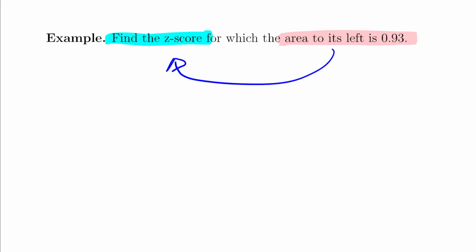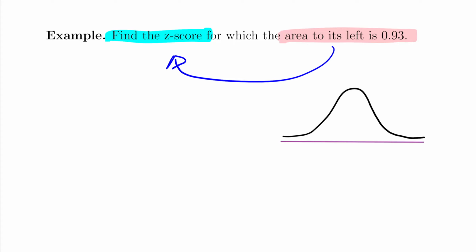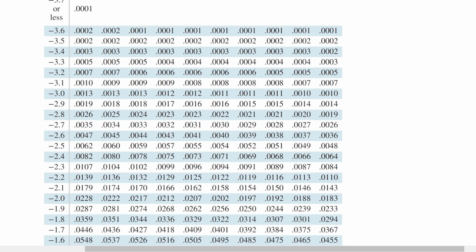Now as we work through problems, I always encourage you to have a visual understanding if possible of what's going on, so let's draw what we've been given. We know the area to the left of some value is 0.93. Now I'm just going to bring up the chart really quick and figure out, is an area of 0.93 a positive z-score or a negative z-score? So then I'll know whether I should draw to the left or the right of the mode at 0. Now here I'm focusing on the areas.